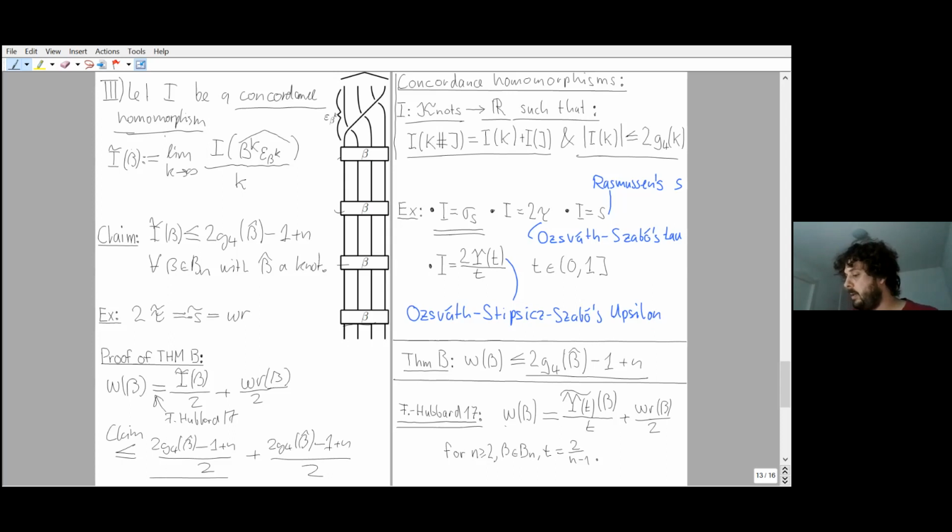So if I add these two up, I just get twice the 4 genus plus some constant. So my proof is done. So reinterpreting this quantity in terms of a homogenization of a concordance homomorphism is what allows me to make my conclusion. And that's all I wanted to say.